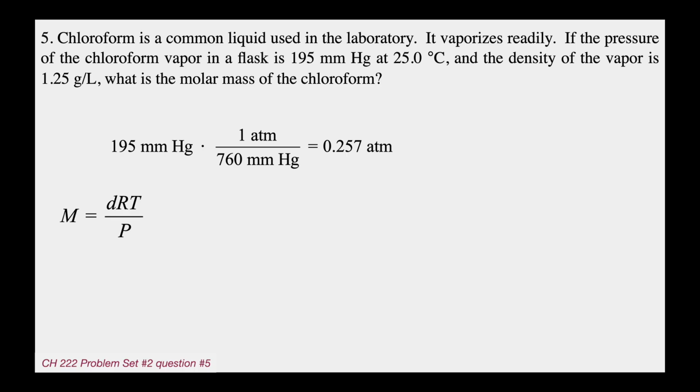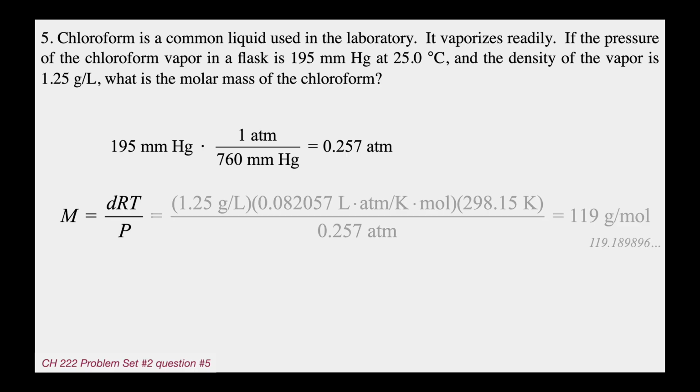We do have to turn the Celsius into Kelvin. We've got the pressure. We know R, plug and chug, 1.25 grams per liter times the R constant, 0.082057, times 298.15 Kelvin, divided by the pressure, 0.257 atmospheres, 119 grams per mole.